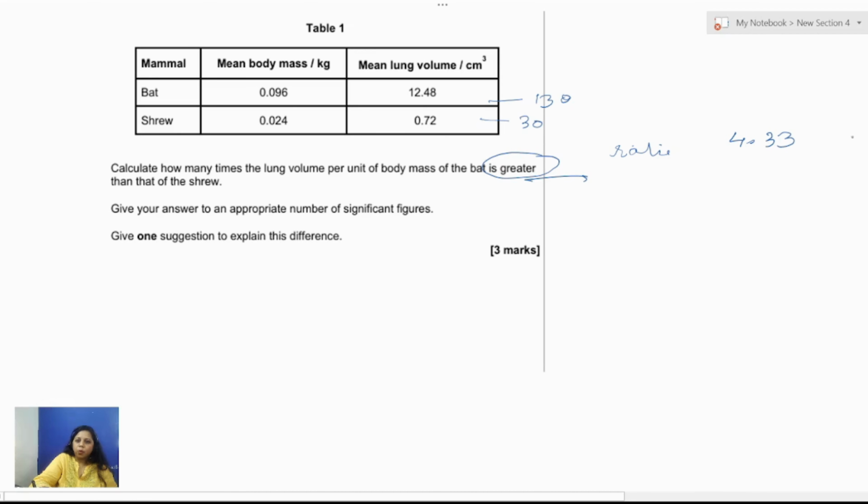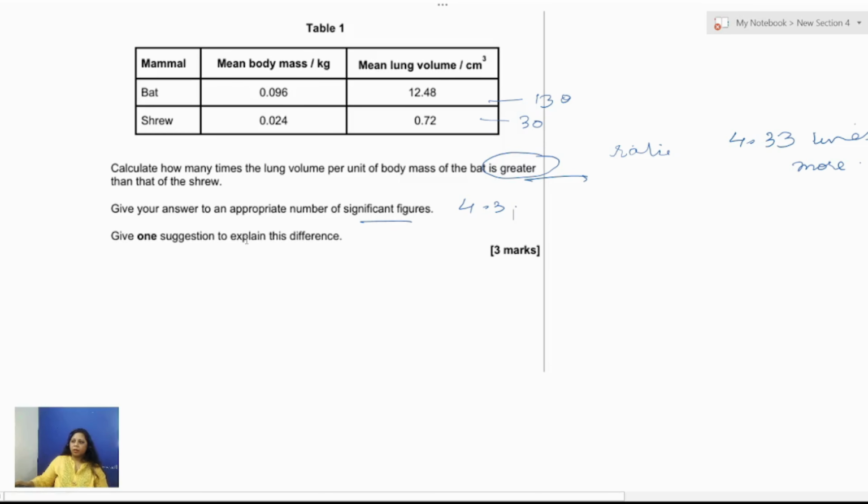Three times more. Okay. So if we have to write the answer in two significant figures, what would it be? 4.3. Okay, 4.33.